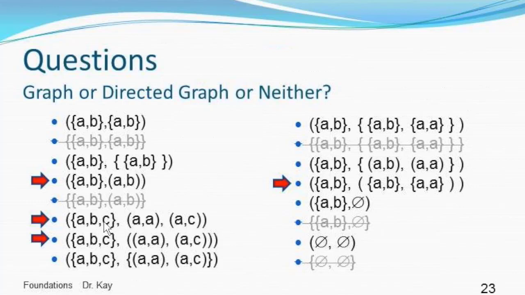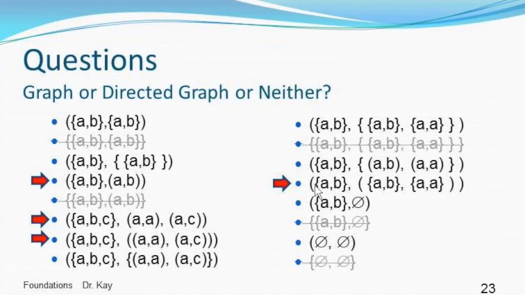This item here looks like it's actually a tuple containing three items, so that's not good. Here we have a pair again. It's a two-tuple because if you look at the parentheses, this is another two-tuple with two tuples in it, but that's not what a graph is.